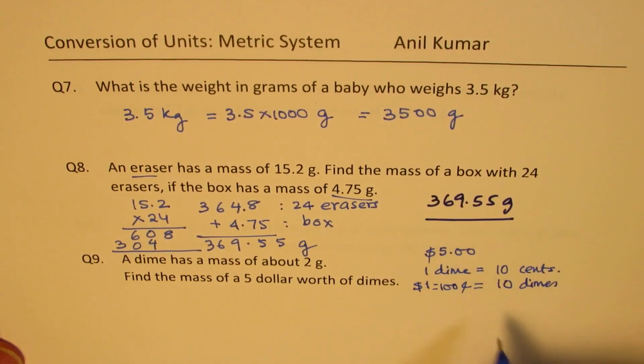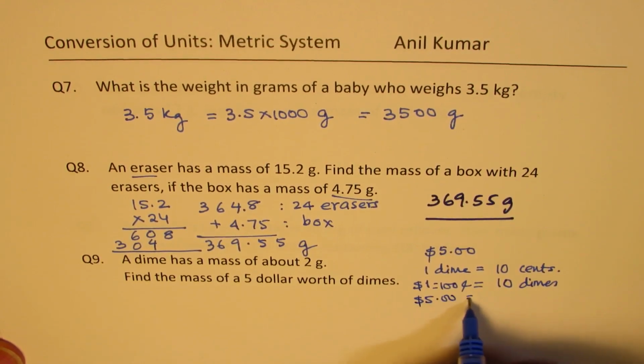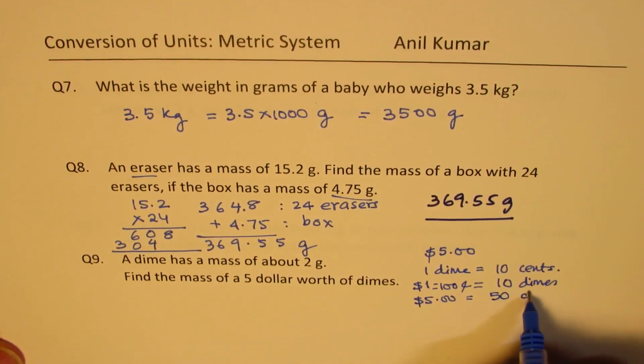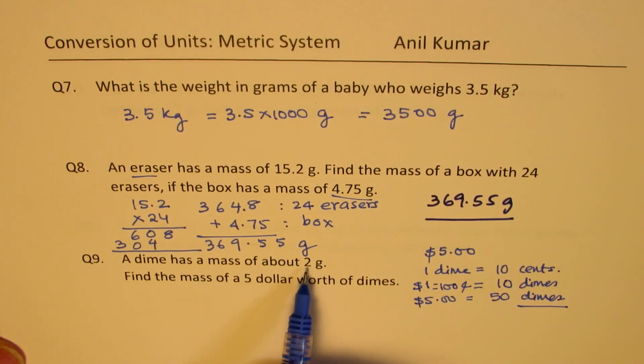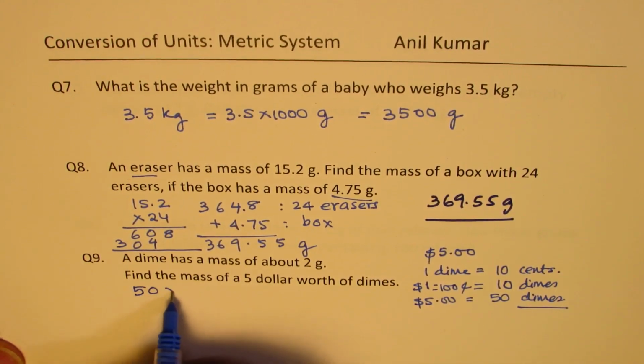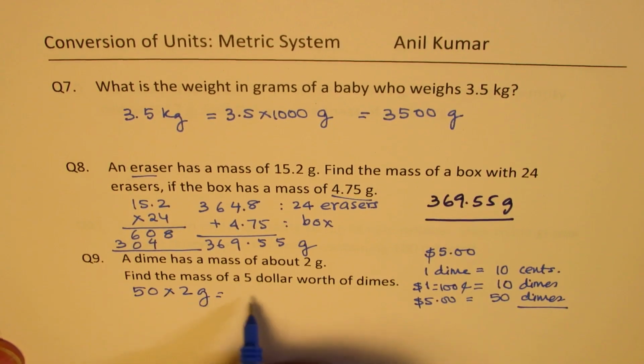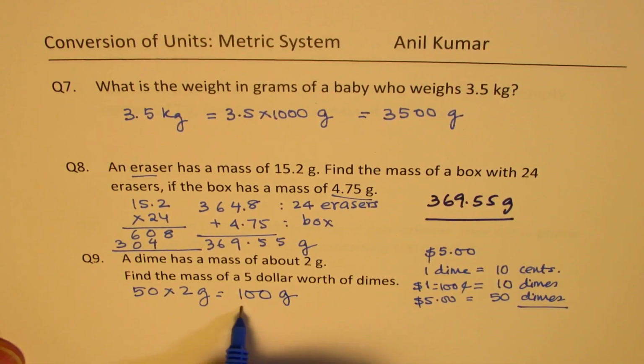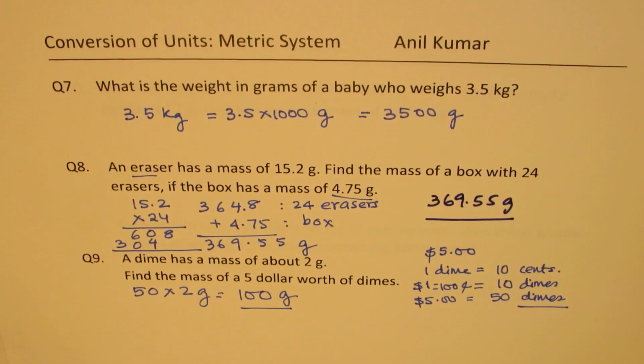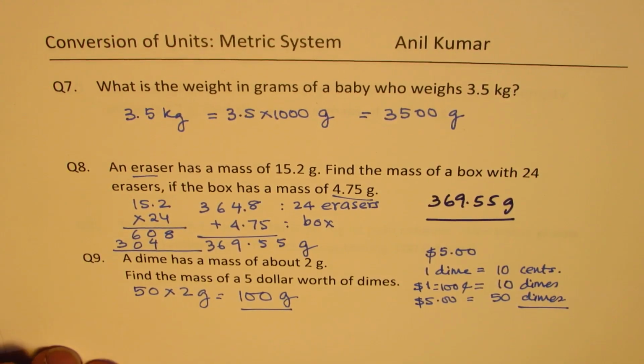So in $5, we are looking for 50 dimes, correct? So we have 50 dimes, each weighs 2 grams. So what is the weight of all these coins? Definitely, it'd be 50 times 2 grams, which is 100 grams, right? So that is going to be the answer. So I hope the steps are absolutely clear.